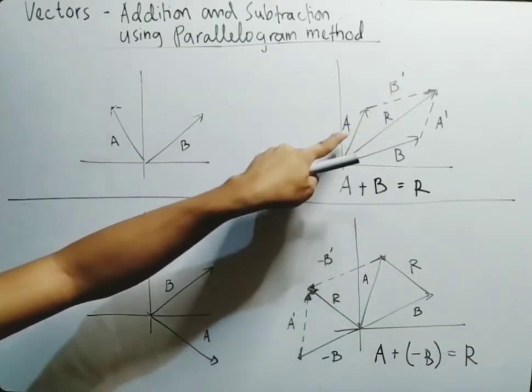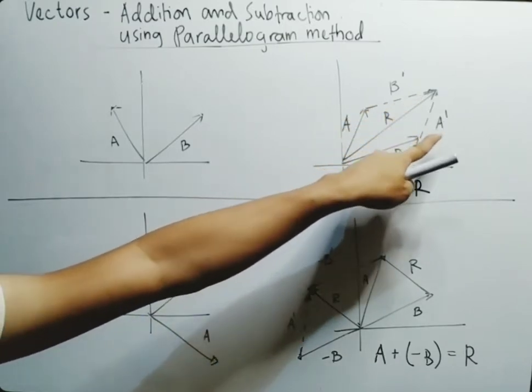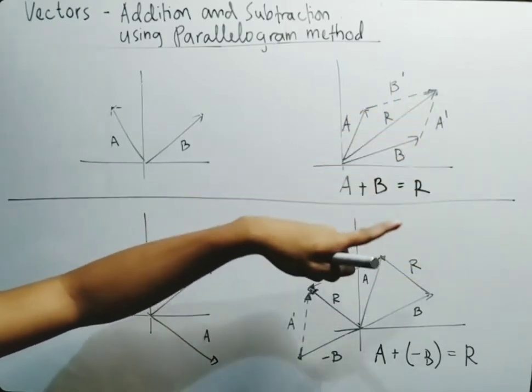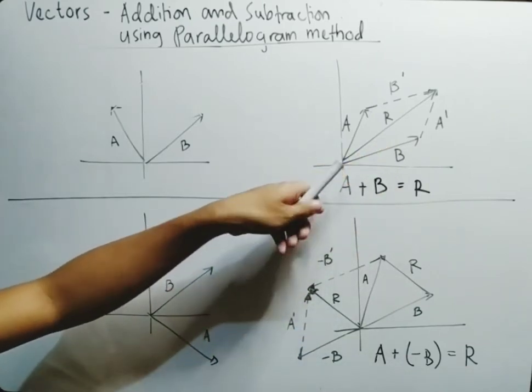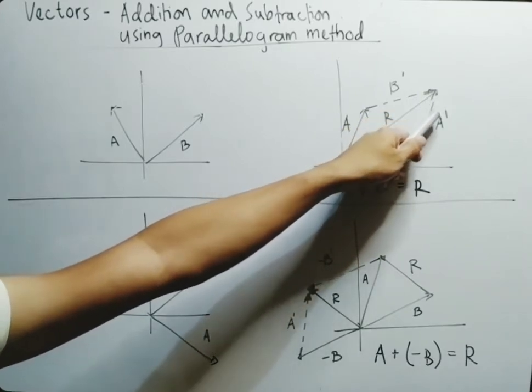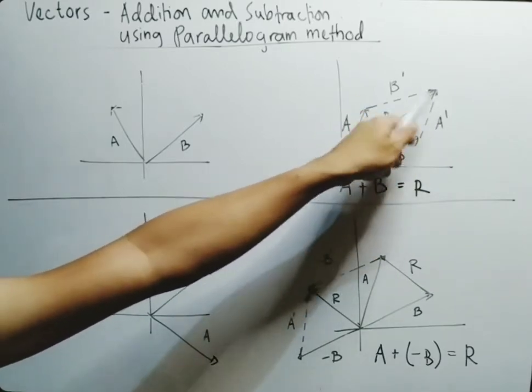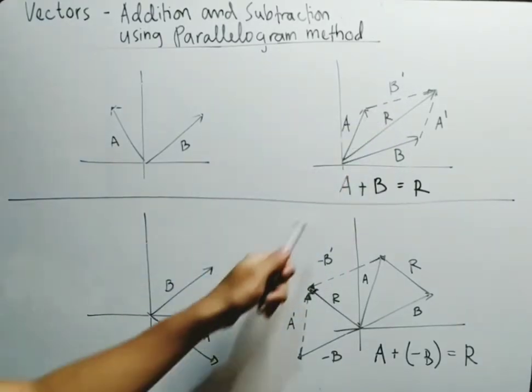Where? On the arrowhead of A. Okay, then where those primes meet, from the origin or the starting point going to the common point where the two arrowheads of our prime vectors meet, that would be the resultant vector. Okay, that is A plus B.